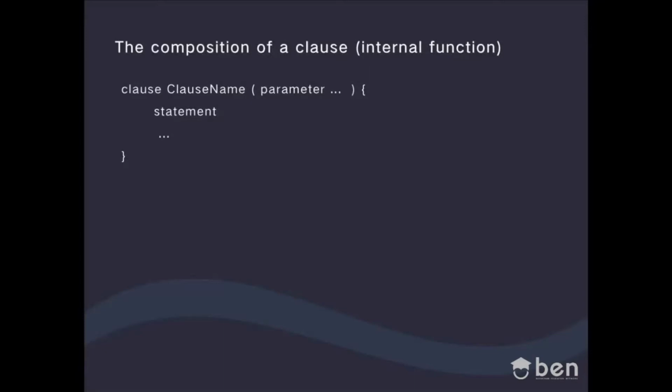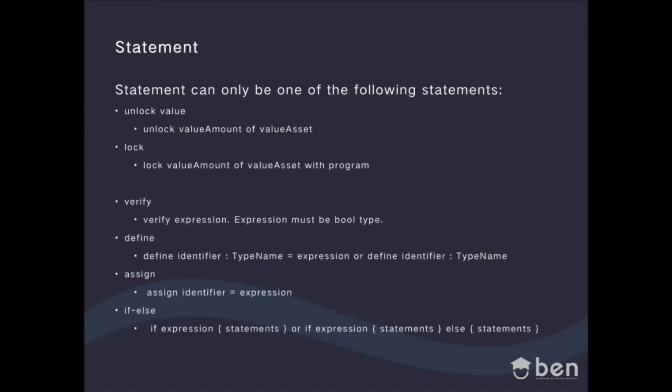Okay, next I'm going to talk about how to write a statement. Inside the clause, we can use one of the six statements below. I'm going to talk about the unlock statement first.